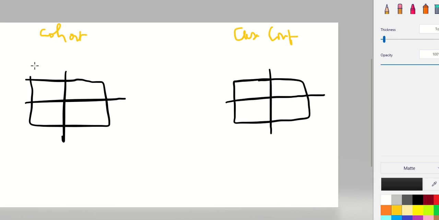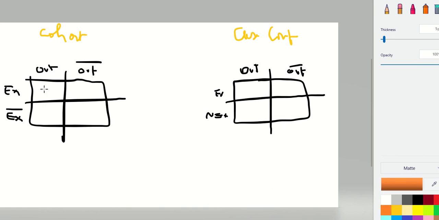So on the outcome, outcome and no outcome, and here exposed versus not exposed. The same thing over here: outcome, no outcome for case control, and exposed and not exposed. Maybe I can type in A, B, C, D, A, B, C, D.